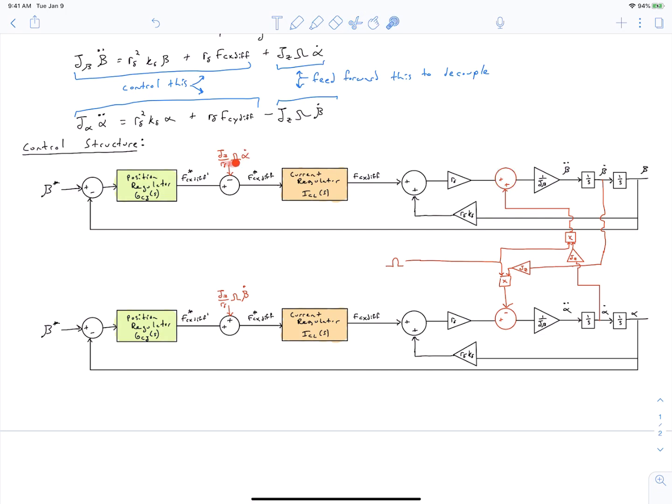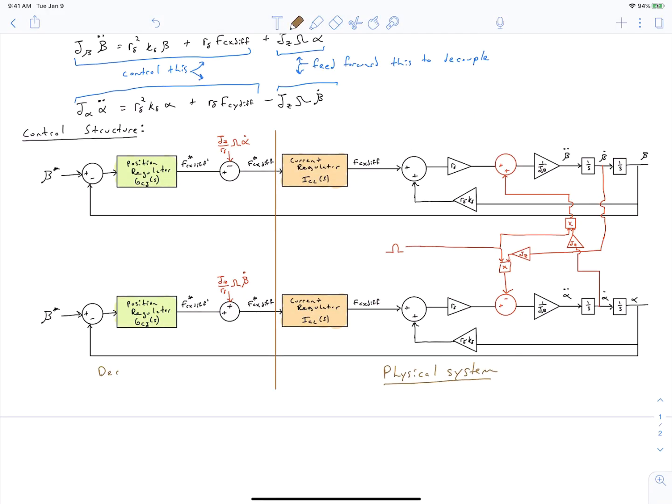So you can see we're feed forwarding our alpha dot dependence up here and our beta dot dependence over here. And then down on the right side we have our physical system to the right of this. So on the right we have our physical system, and on the left we have our decoupled controller.